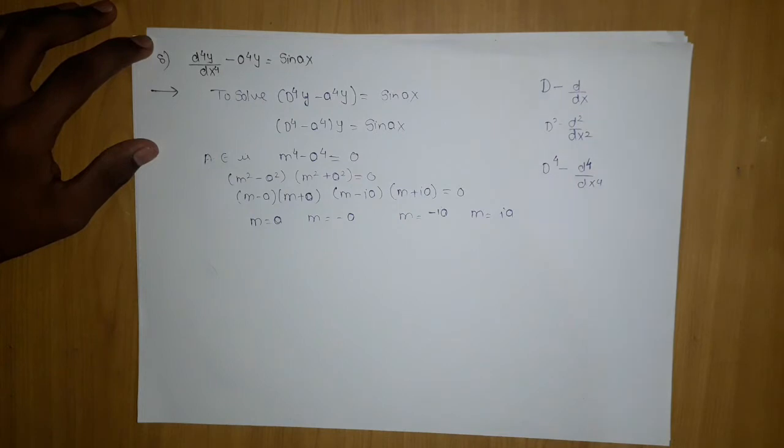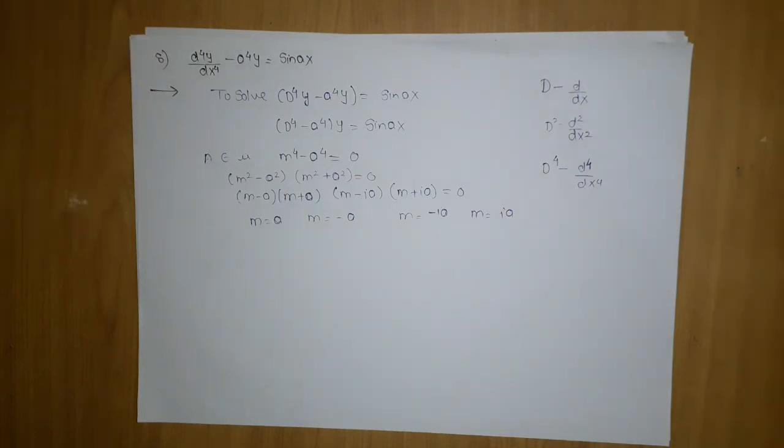So the roots of the equation m equals a, minus a are real and distinct, and the roots m equals plus minus iota a are complex conjugate.